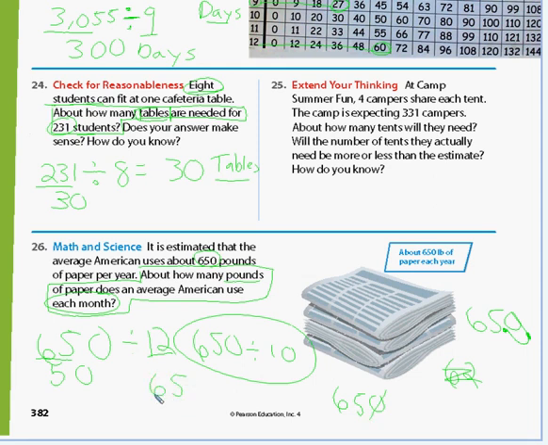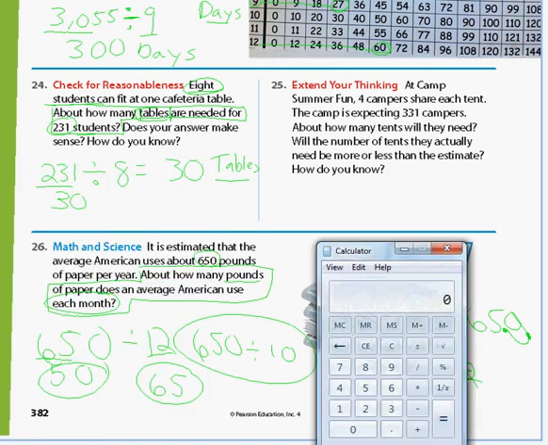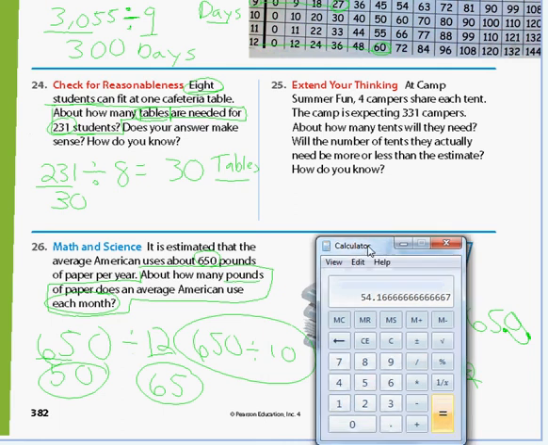And that gets us a little bit closer to the actual, I think. We'll see. This is using the method where we just rounded our divisor. I'll get my calculator back, and we'll do the actual 650 divided by 12, which equals 54 and a little bit.